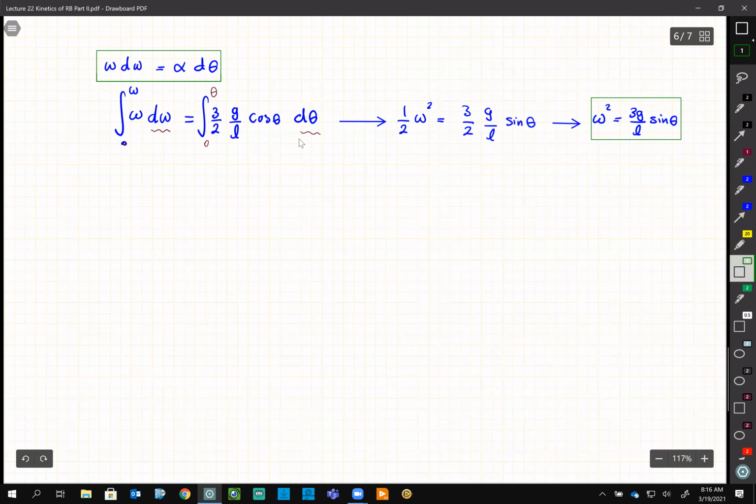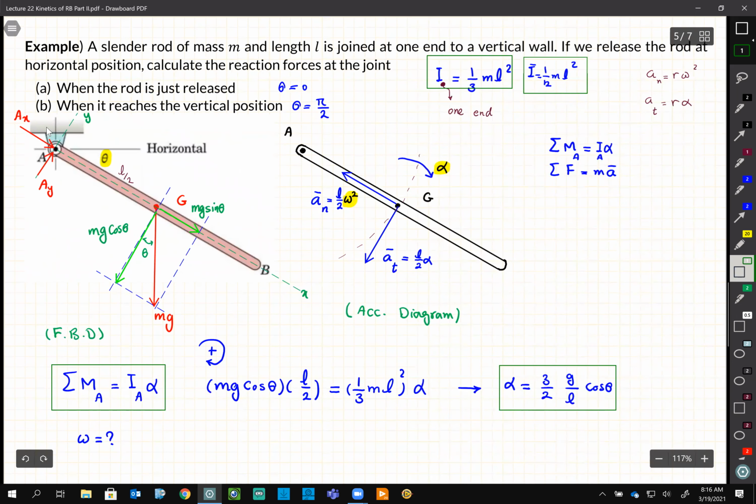So I want you to do a quick check here. Let's move back to the slide that we just saw, the previous one. When I release this link from the horizontal position, okay, forget about the notes for now, just please pay attention to my question because it's important.